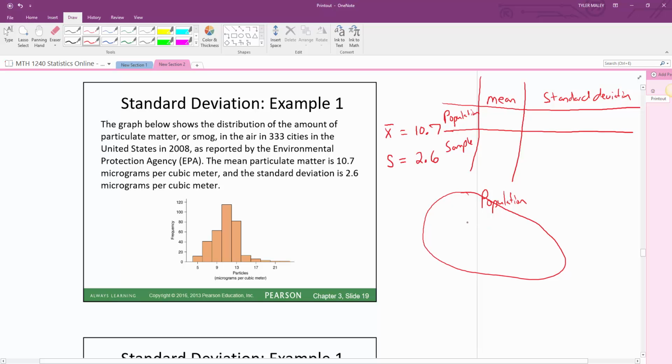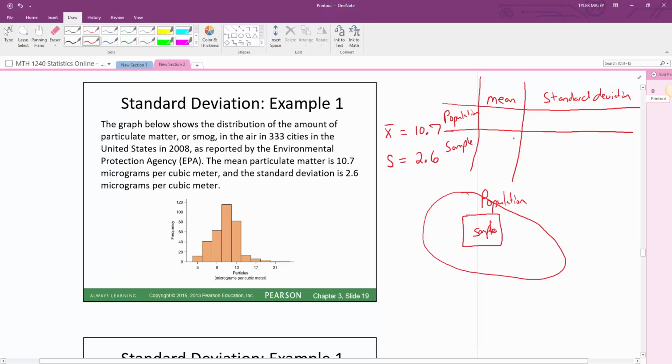But what we can do is take a sample, which is a portion of the population, to estimate the population. So we take a sample and try to estimate what the population would look like.